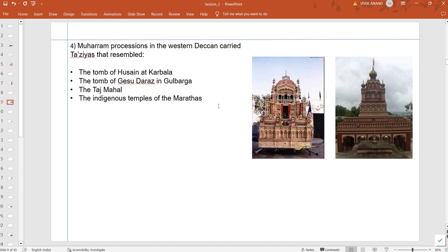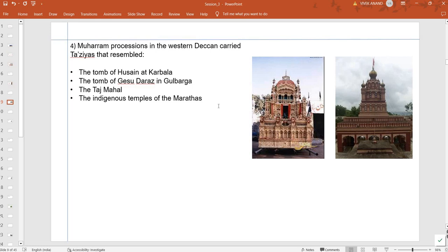So now you can see that in Western Deccan, the tazias which were built were influenced by indigenous temples of the Maratha. Those who live in eastern UP or in whole of UP, if they have seen tazias, even in Bihar also, if you see tazias, there is slight difference.